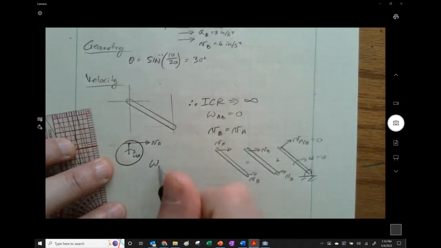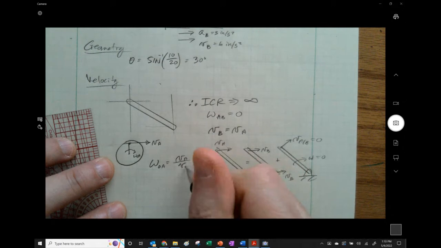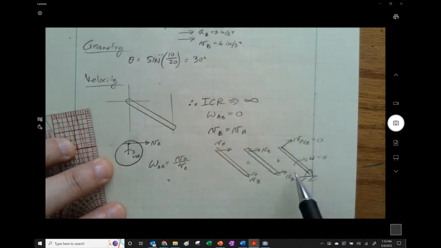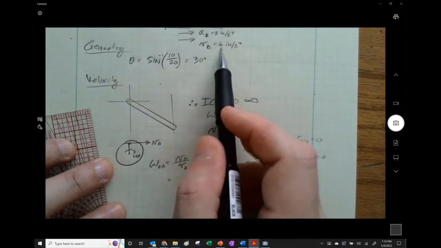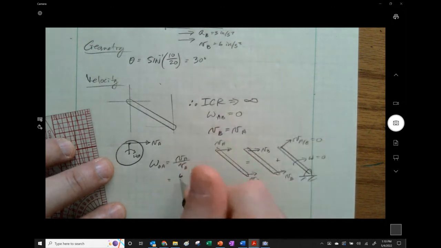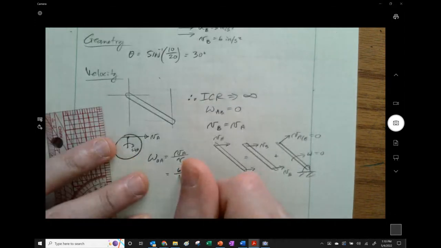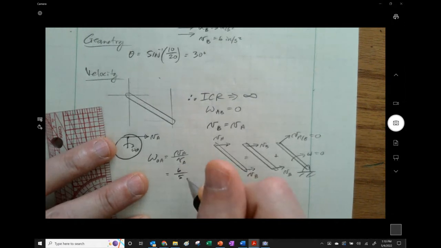And so we'll say the omega OA is going to be the velocity of A over the radius of A. So we can keep it in inches because it was already in inches. So this was 6 inches per second, and this was 5 inches. I think we could say that.